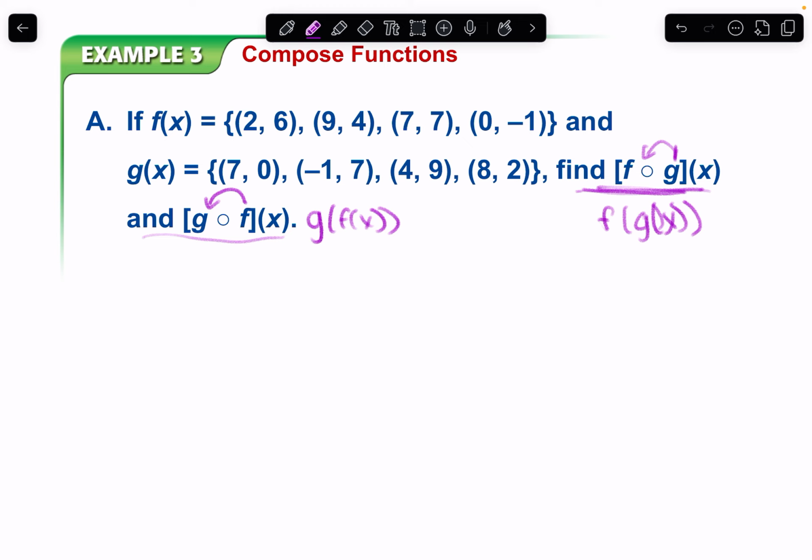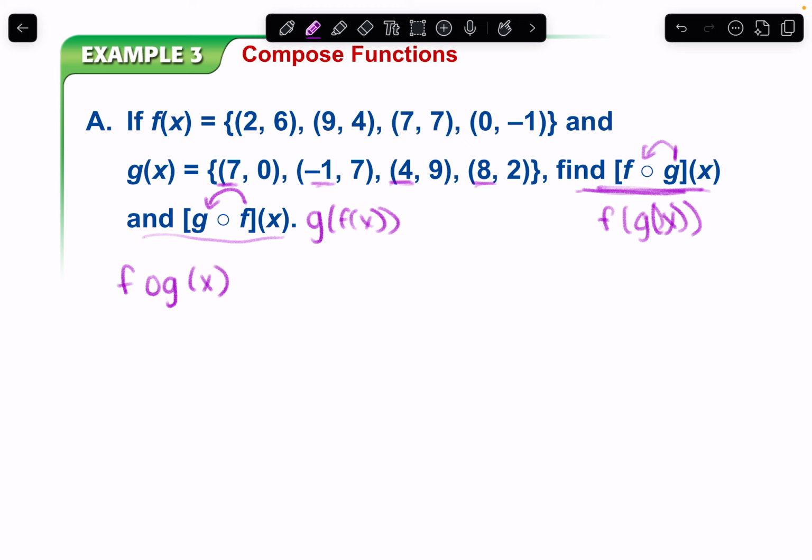So when I do these functions, where this information is coming from is I'm taking my f of g of x first. I'm specifically looking at my x values in my g and seeing what that is within the f value.